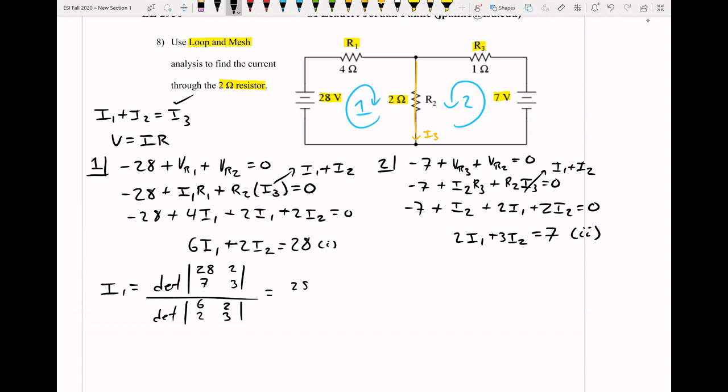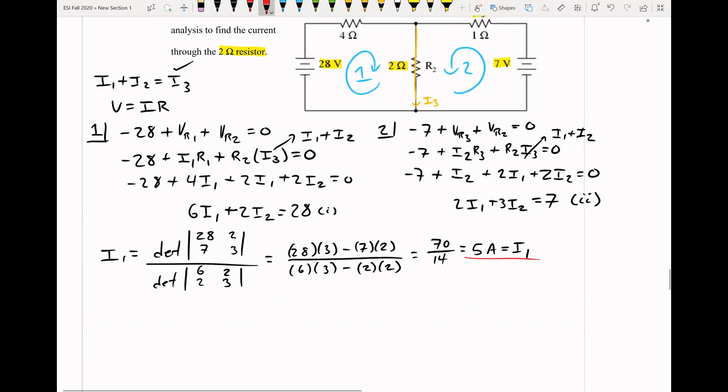This will be 28 times 3 minus 7 times 2, over 6 times 3 minus 2 times 2. And that should give us 70 over 14. That will give us 5 amps for I1.